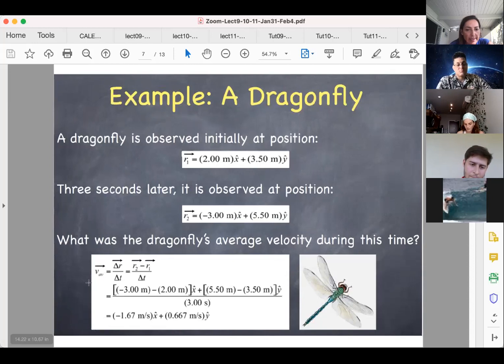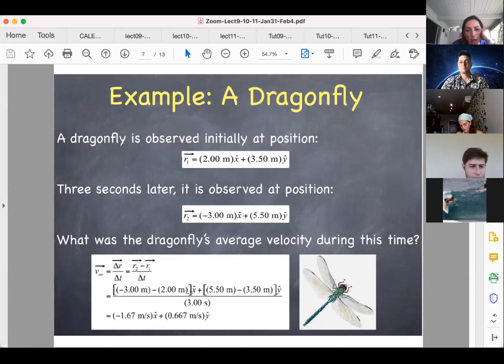So in this case, the average velocity is delta r divided by delta t, so r2 minus r1. And here is another way to show you how you can do it. So you put all the x component here, minus 3 is the final position, minus plus 2 initial position.